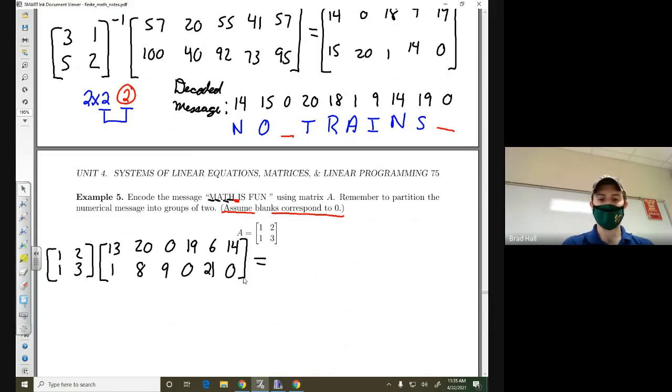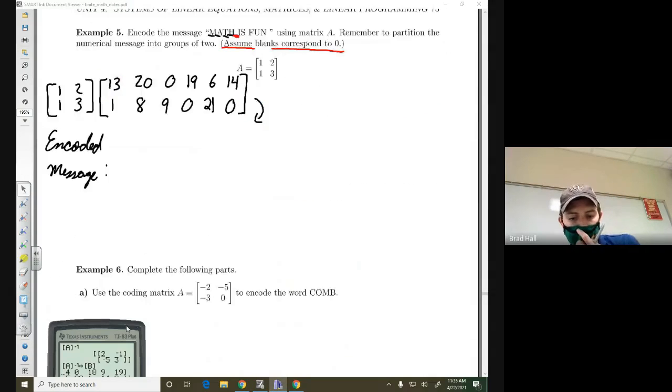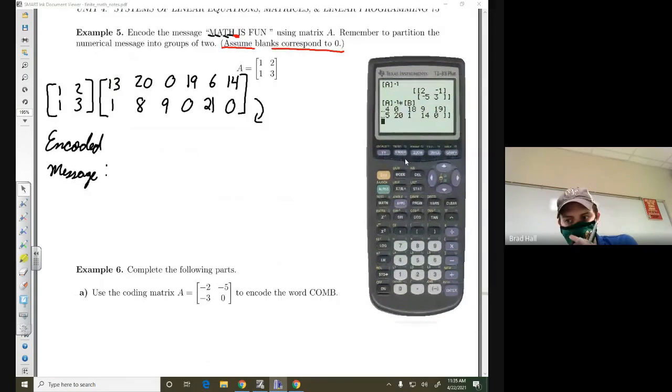But from there, we can go ahead and find the encoded message by typing this into the calculator. We need matrix A, we need matrix B, 1, 3.